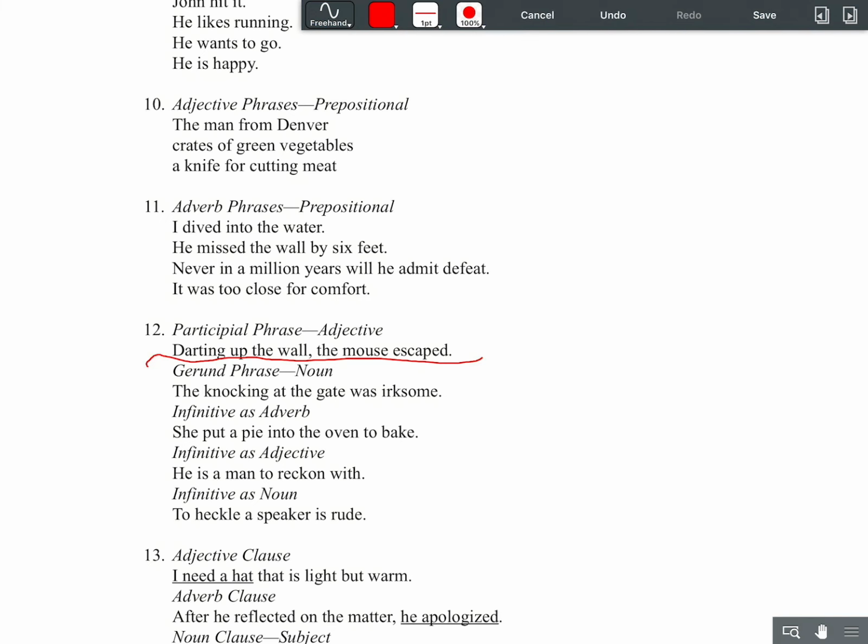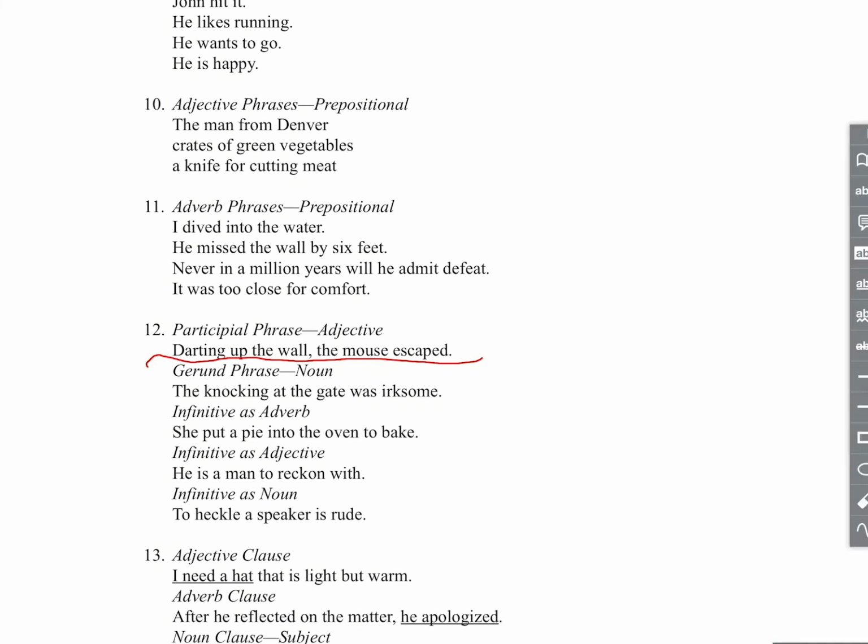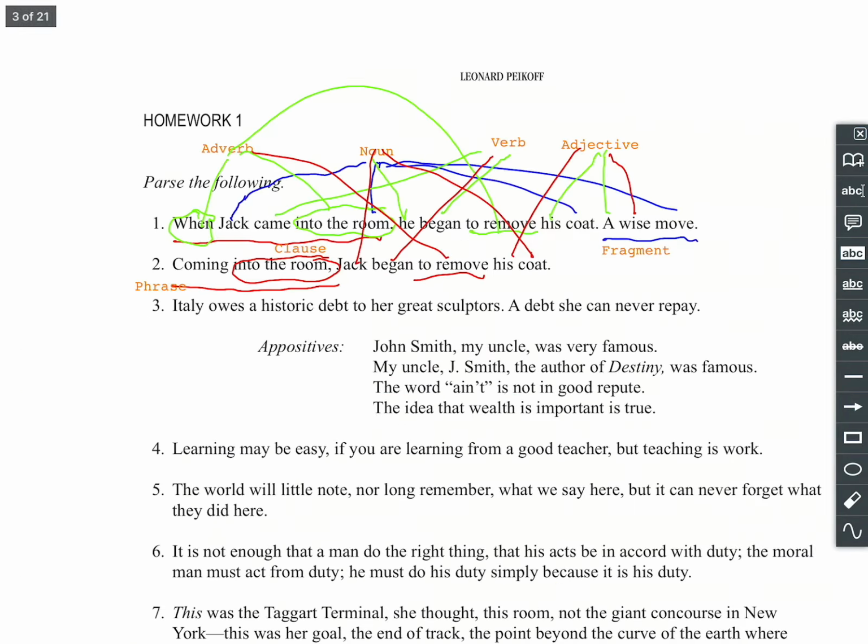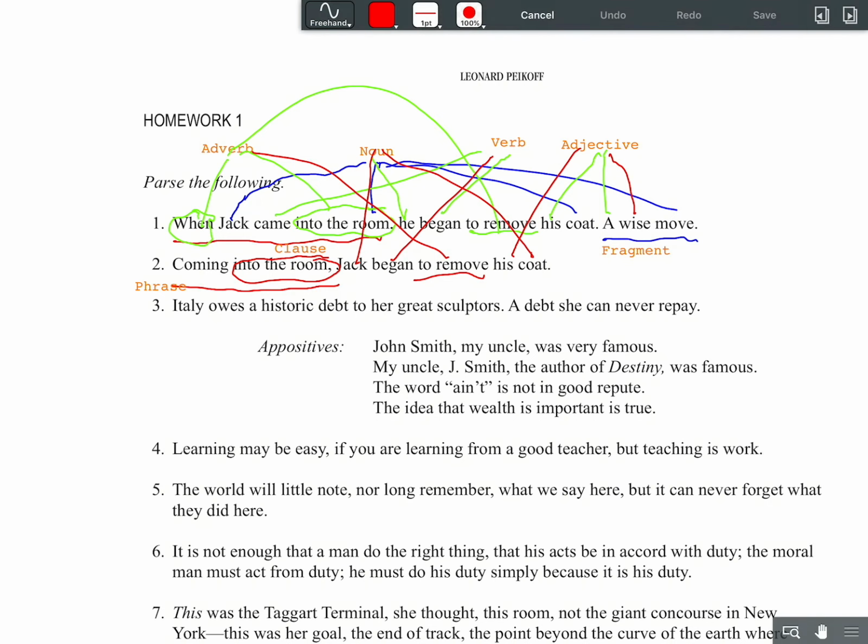It doesn't modify escape, I think. Okay, so I think that "coming into the room" modifies Jack. That is my opinion. And since it modifies Jack, that makes it an adjective. So we're going to go like that. Coming into the room, adjective.